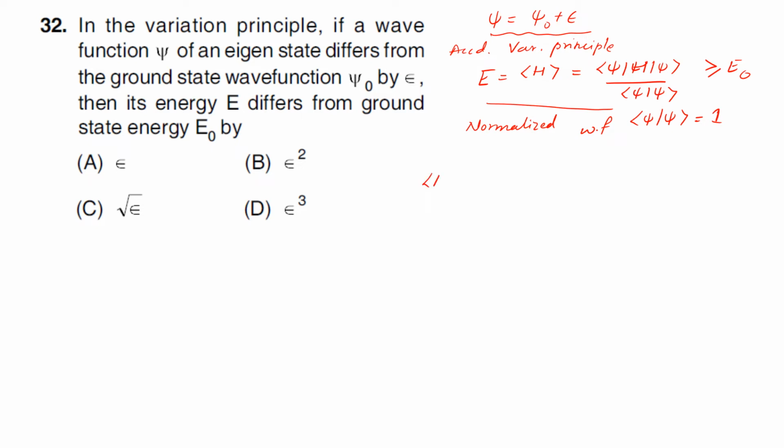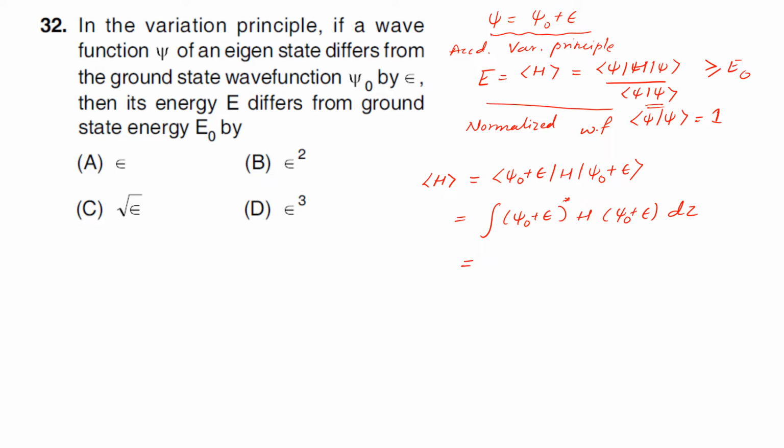So you will get <H> is equal to <psi naught plus epsilon|H|psi naught plus epsilon>. Here we can consider the normalization as equal to 1. Therefore it is given by the integral of (psi naught plus epsilon) star H (psi naught plus epsilon) with respect to d tau.